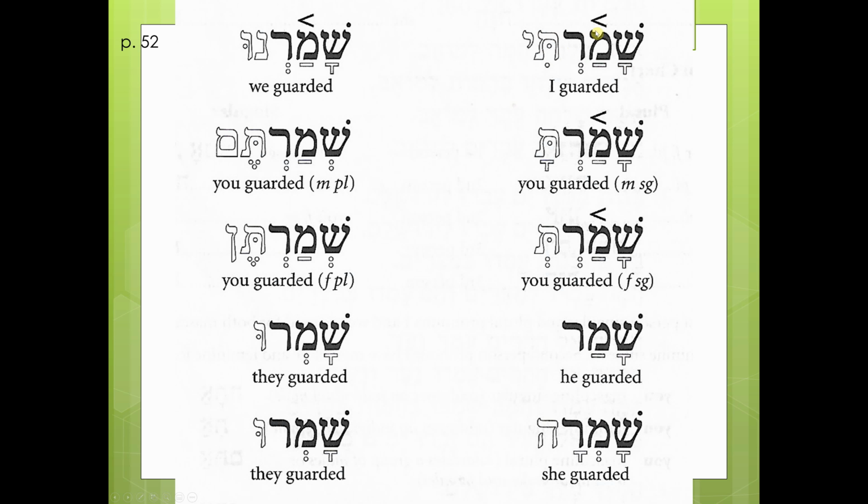Now you'll notice, see that little caret right there? You all will probably remember that Hebrew generally puts the accent on the very last sound. So normally Hebrew would say shamarti, but occasionally they will make exceptions to that. And when exceptions are made, your book kindly gives you this little caret to tell you that this should not be read shamarti, it should be read shamarti.